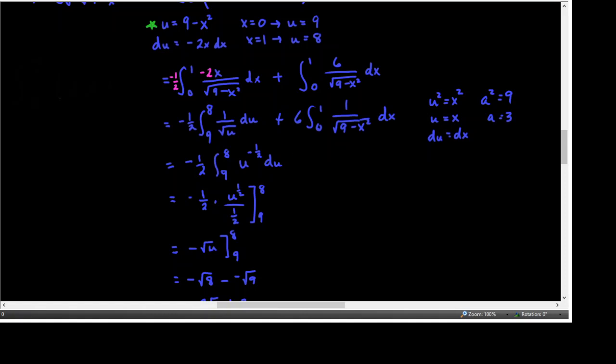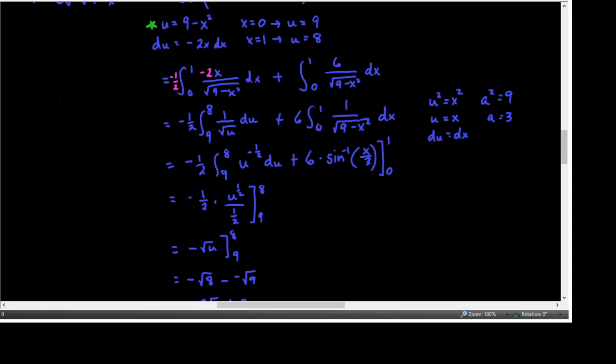And so the antiderivative of that is the 6 that we pulled out times, for number 18, arc sine, notice there's no 1 over a there, arc sine, or sine inverse of u, which is x, over a, which is 3. And that one is evaluated from 0 to 1. We never went out of x here.